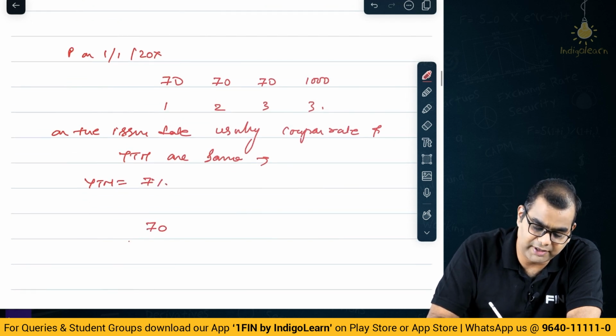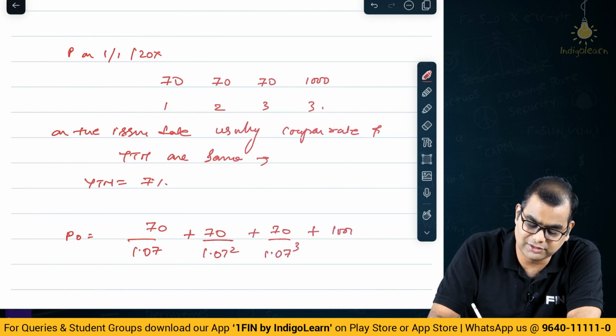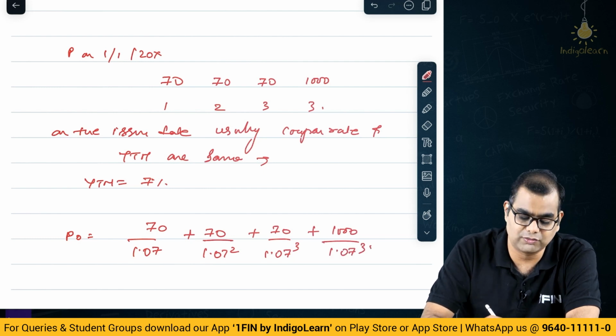So, P0 is equal to 70 by 1.07 plus 70 by 1.07 whole square plus 70 by 1.07 whole cube plus 1000 divided by 1.07 whole power 3. So, what will this be?